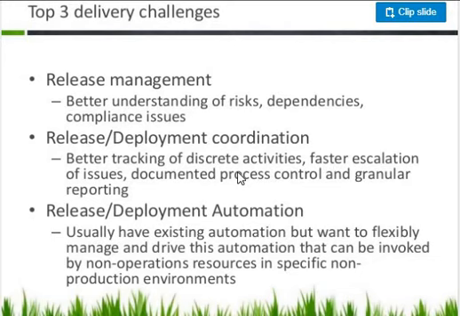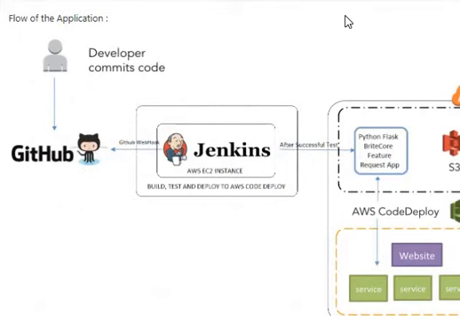Let's say any developer commits the code, and if any issues arise on the development server, it will not be deployed into the production server, onto the live server. So there is immediate escalation that this particular commit of a developer has some issues in the code, so please check on that. Just think about that.